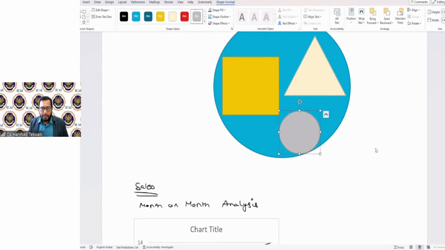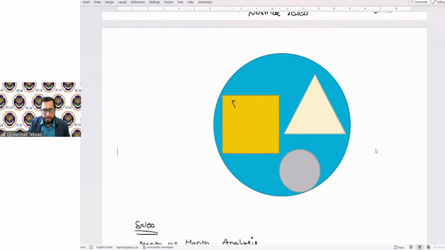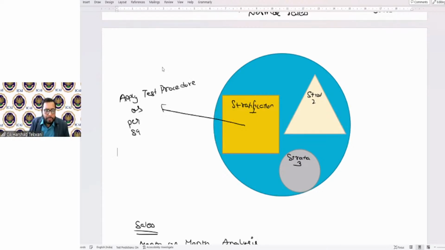So whatever the stratification may be, what I will do is select a sample from this particular square, and whatever sample comes, I'll apply test procedures as per the square. It means I will consider this square as one population, and I will call that the strata.